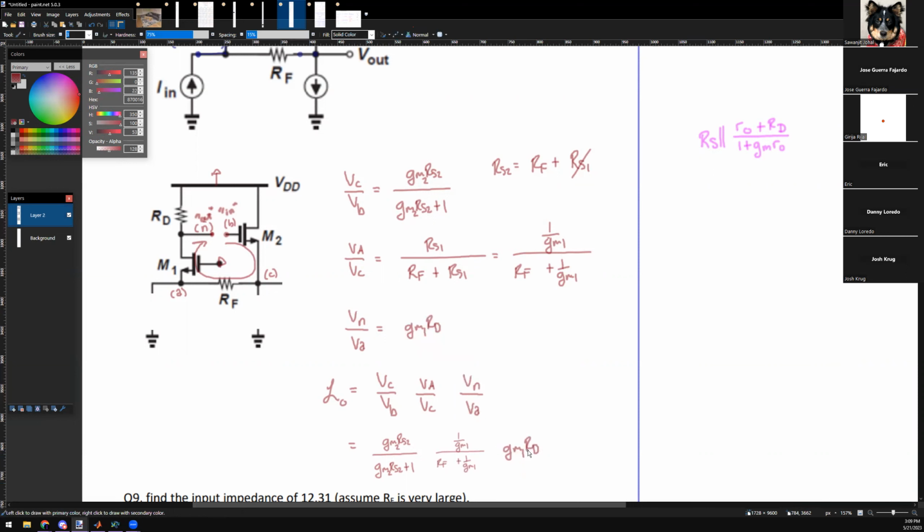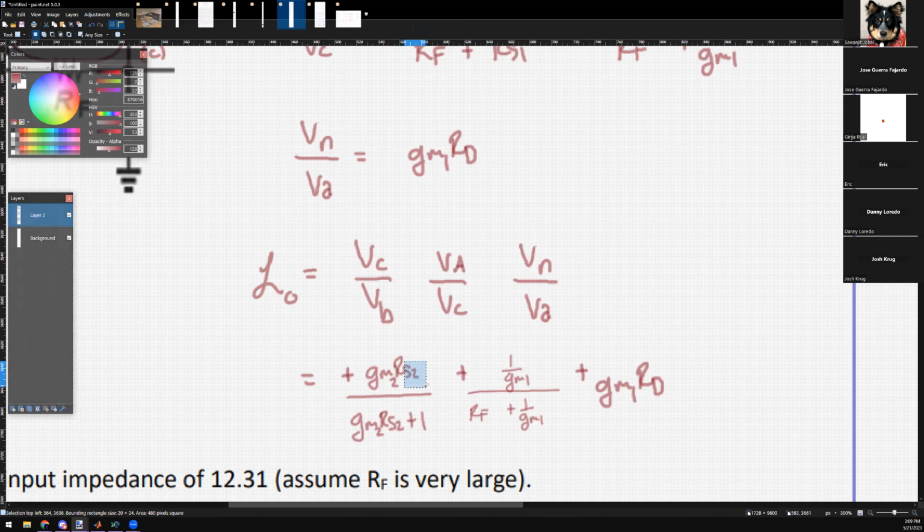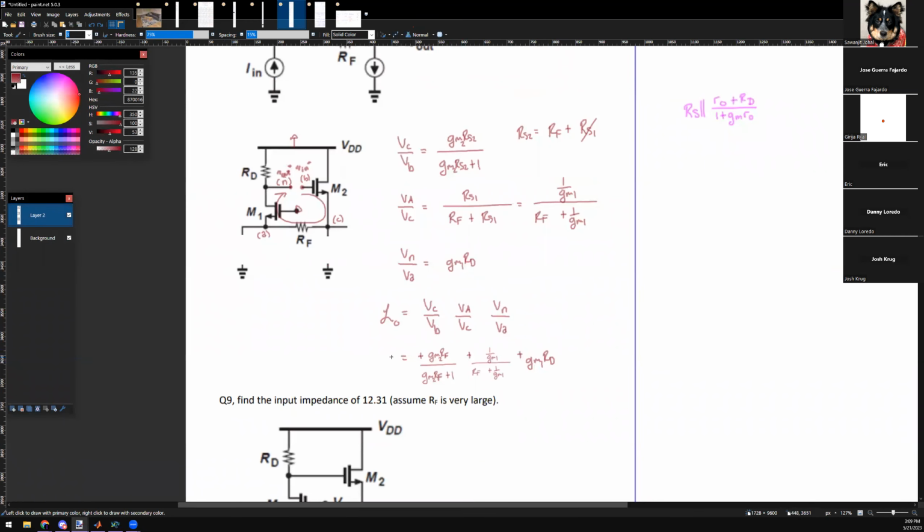Yes? Yeah. RS2 is RF, which is all positive. What'd you say? RS2 is RF. Oh, it's just RF. I see. So we just make this RF. Technically, it's RF plus 1 over GM1, but they're saying... I don't know. All right, that's my answer. And it's all positive, therefore it's positive feedback. Yep, it's positive feedback.